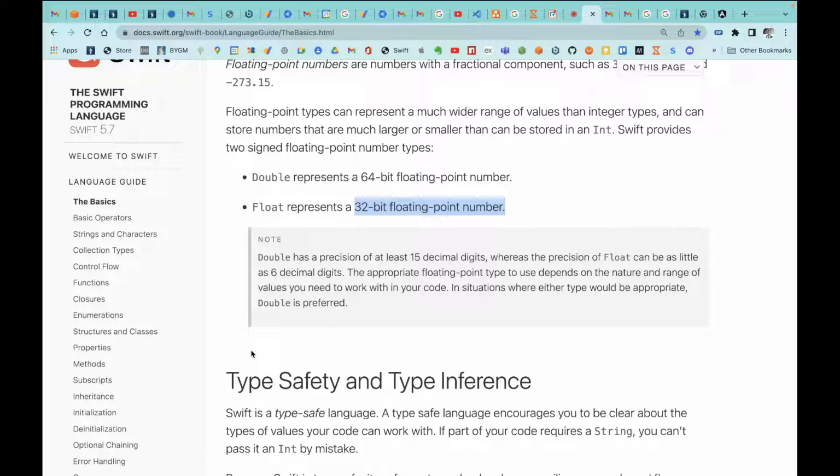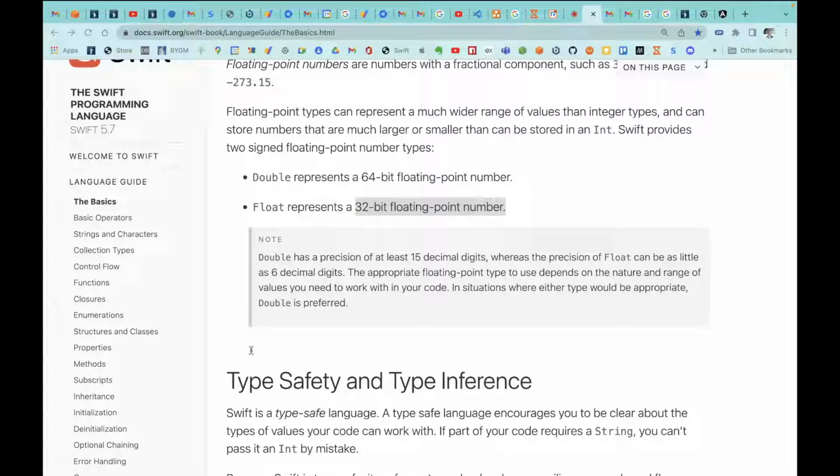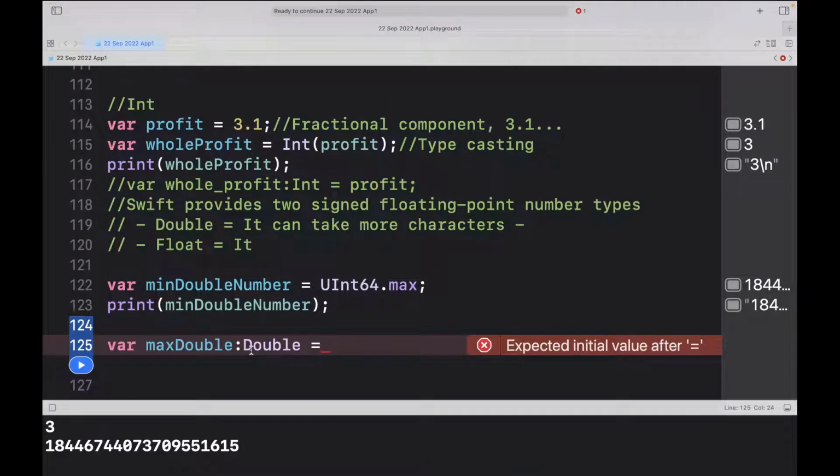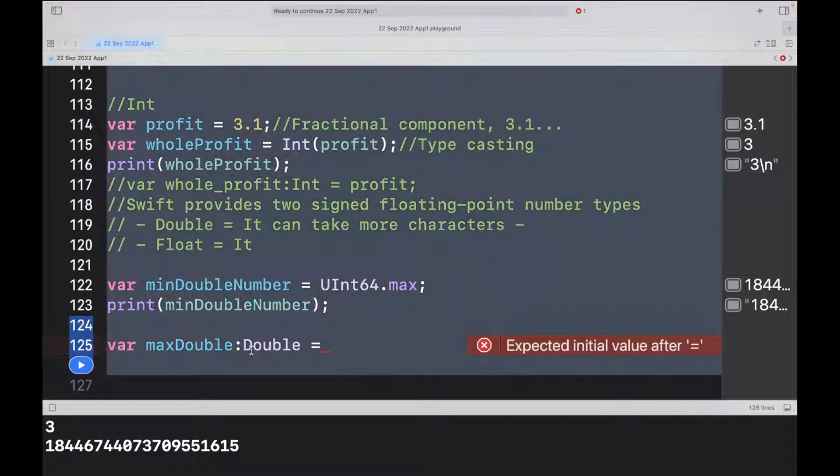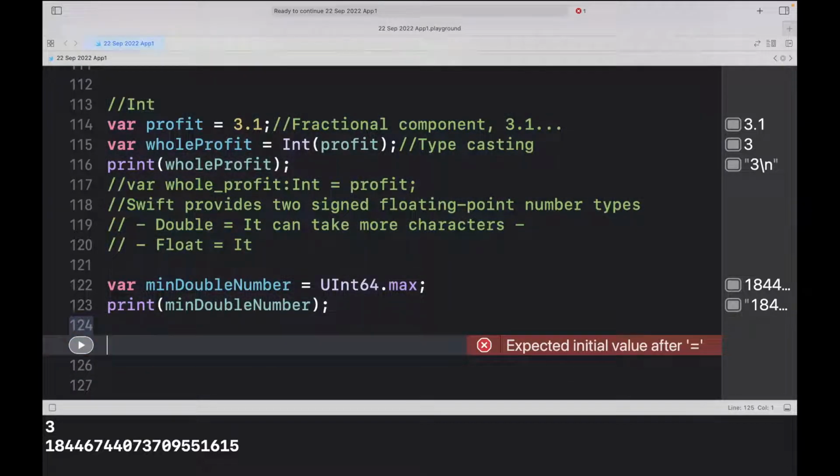The appropriate floating point type to use depends on the nature and range of values you need to work with in your code. In situations where either type would be appropriate, double is preferred. Okay, so double is preferred over float, I guess. That's what we're learning here.